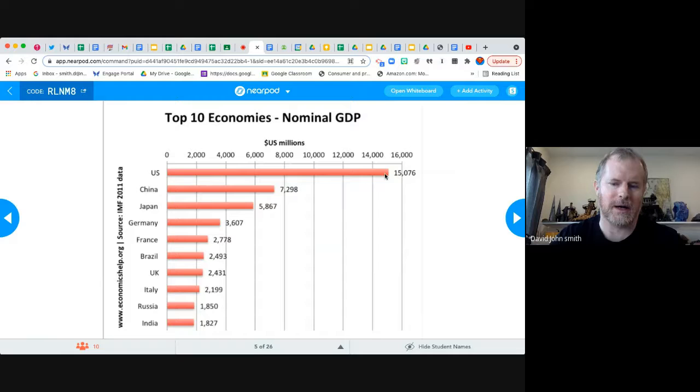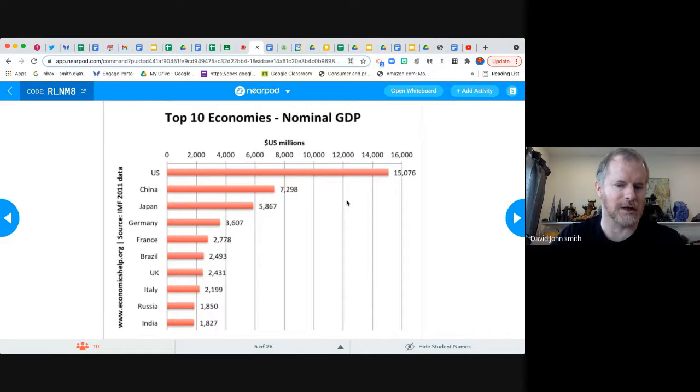Understandably, we'd see the US here as being very, very high up as the number one economy, and it's got the actual value here. We can see that this is in thousands of billions, so this actually works out to be about 15 trillion. Okay, $15 trillion worth of nominal GDP.